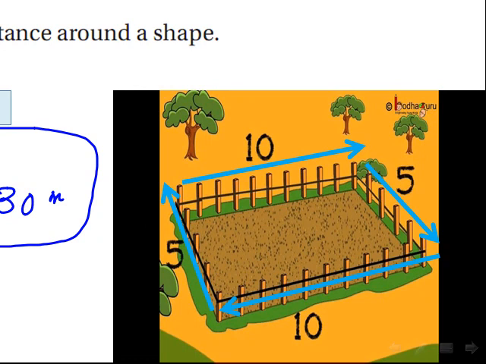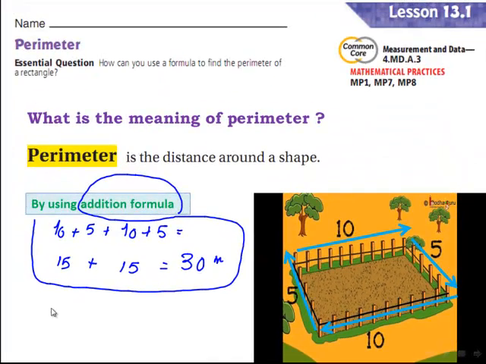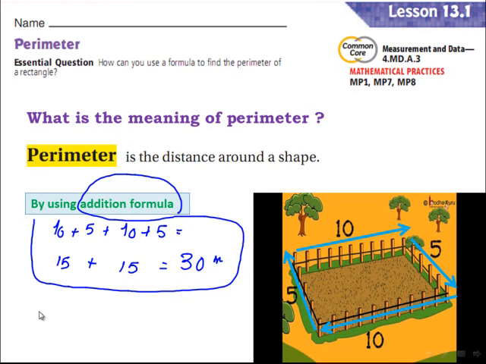Alright. Now, I have a new formula for you. I'm going to ask you, how many 5s can you see and how many 10s can you see here in the picture? I can see 2 10s.